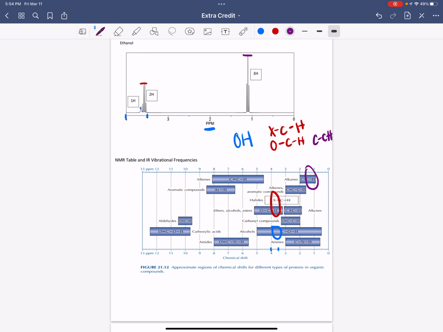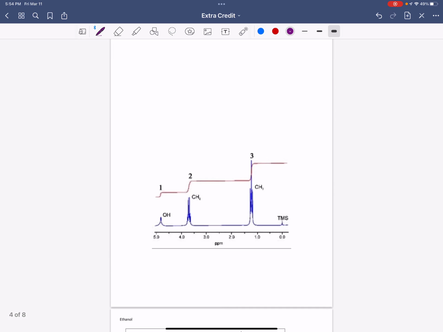So once we have those 3, we can look at the integration of the signals. So basically what that is, it's the area under the signal is proportional to the number of hydrogens to which the peak corresponds. The integration function can also be used to determine the relative amounts of 2 or more compounds in a mixed sample.